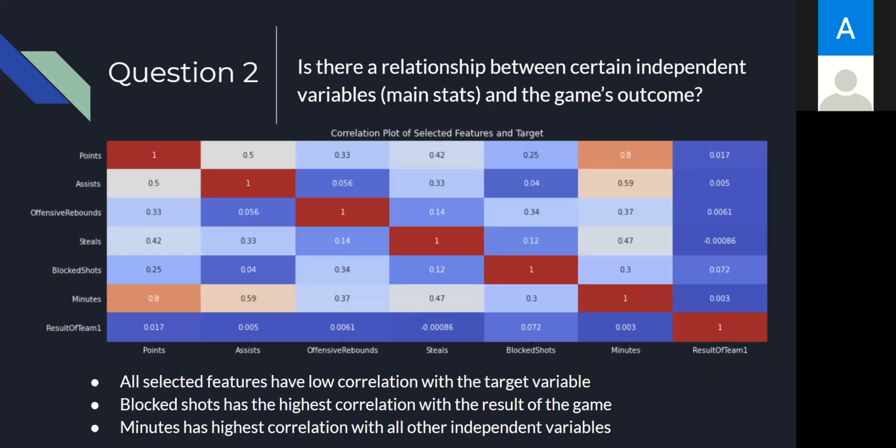So the next thing we wanted to look at was how do all the independent variables, or our main stats, we like to call it, how did they correlate with each other as well as the outcome of the game.